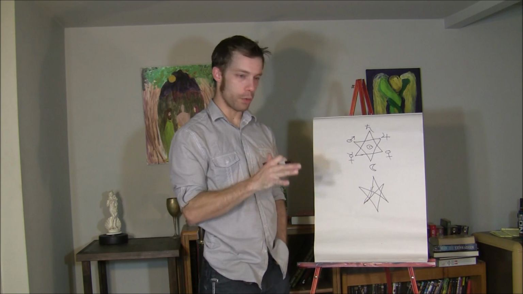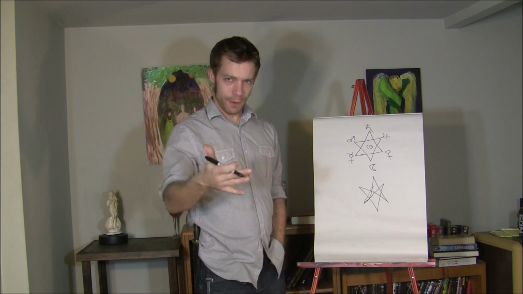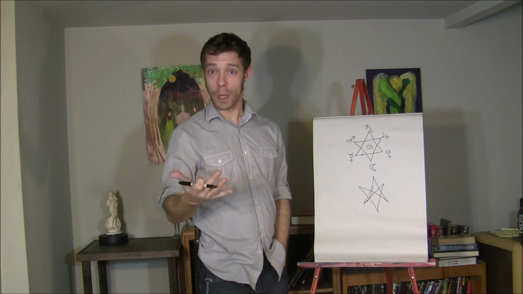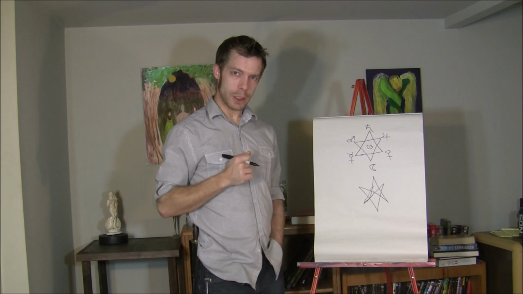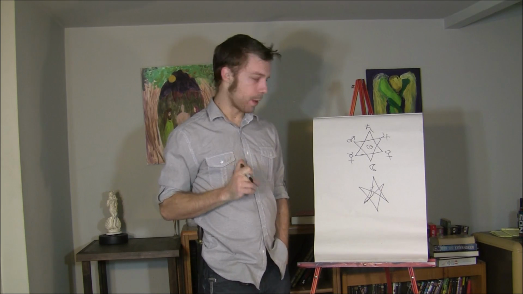I'm not going to go through that whole ritual. Feel free to look it up. I've used it. It is quite effective, but a little much for a video presentation.